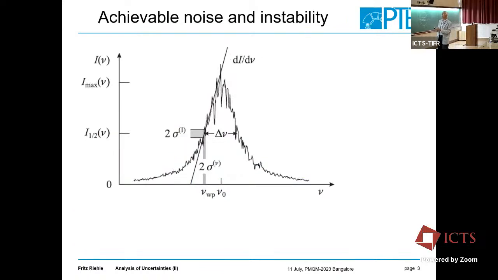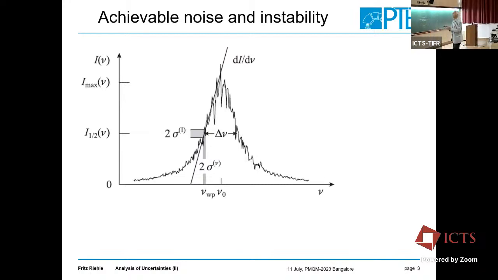Let's talk a little bit about the noise and instability here. It is easy to imagine that the atomic transition has a very nice line shape, but typically you have a noisy line shape, and this you have to take into account. A very simple approximation is what you do if you stabilize to such a transition. You first go to this side and to this side, and you compare the intensities.